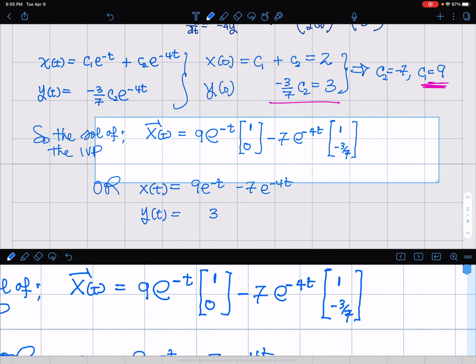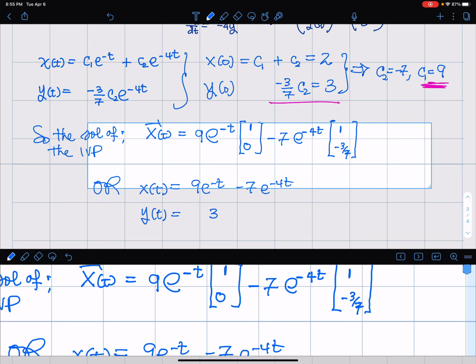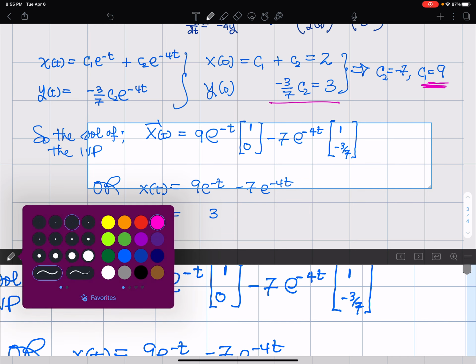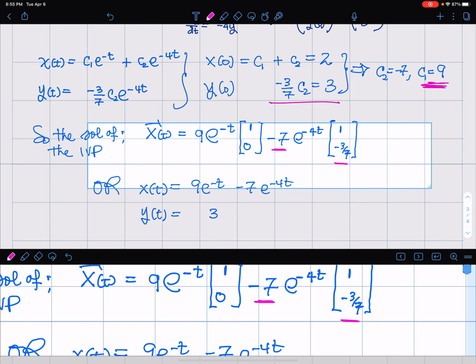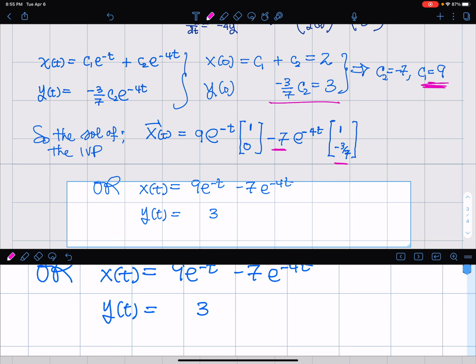I don't know what is wrong with me. So it's just going to be 3, because negative 7 times negative 3 over 7 is just going to be 3. So 3e to the negative 4t. Okay. All right.